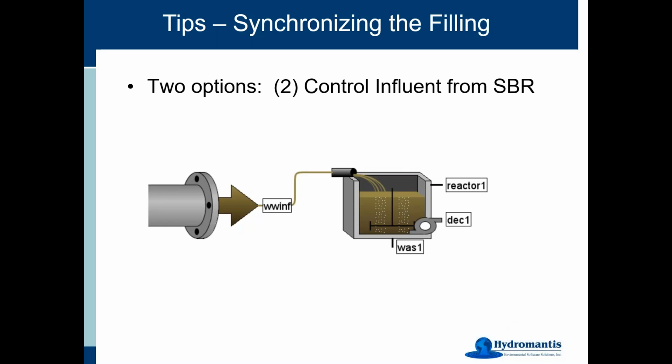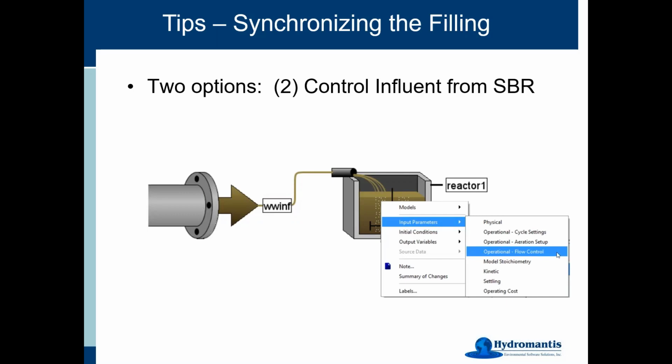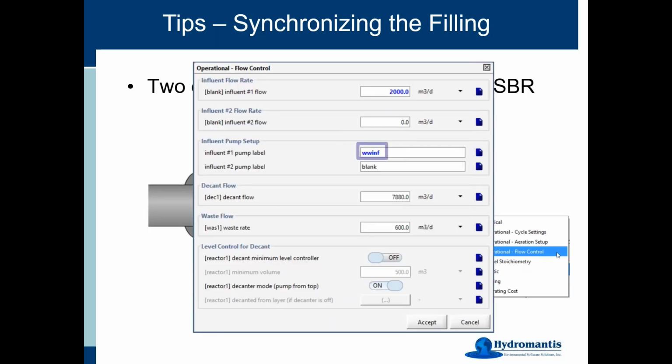It's actually not the easiest way. The second way is my preferred method, which is that most of our SBR models have some flow control built into them. That is done here by taking a look at the label of your upstream object, going to that flow control menu, and using that label here in what we call the influent number 1 pump label.